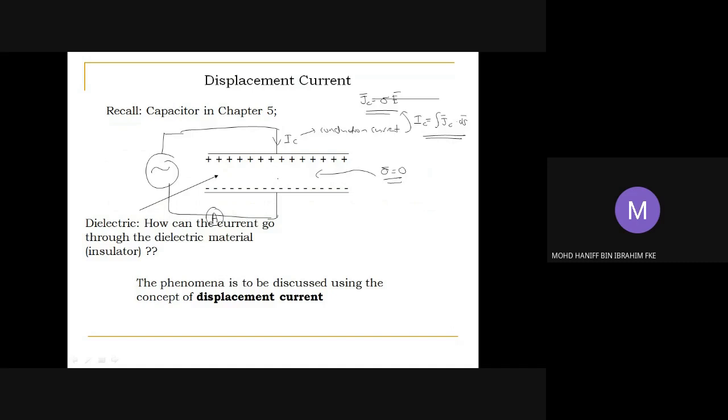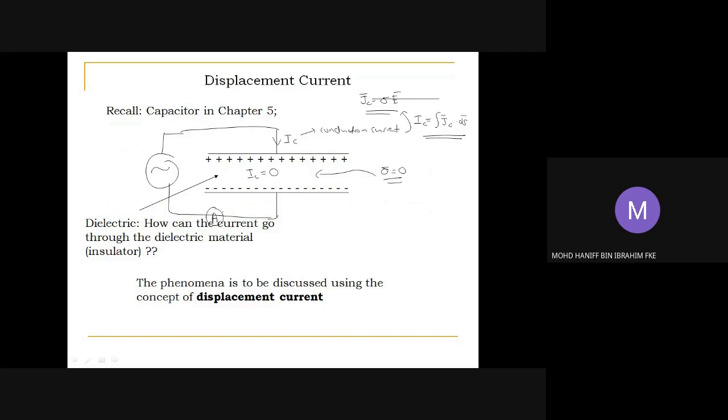So the current IC in this dielectric will equal 0, which means no current can pass through this dielectric or the capacitor itself.